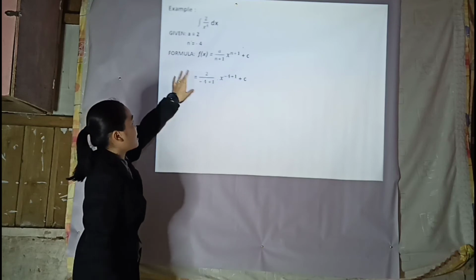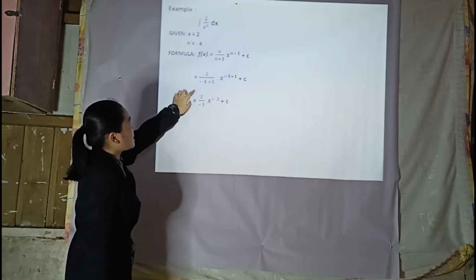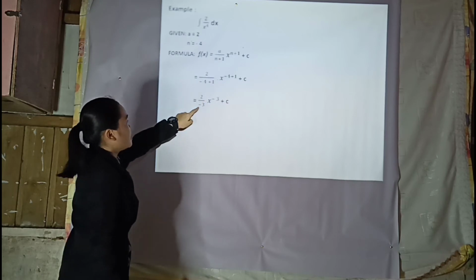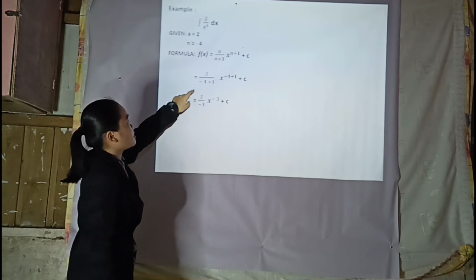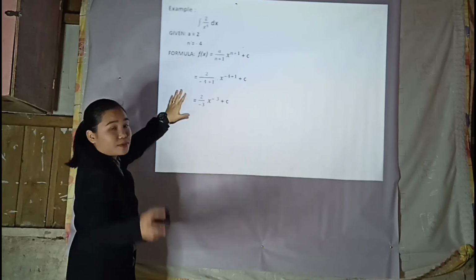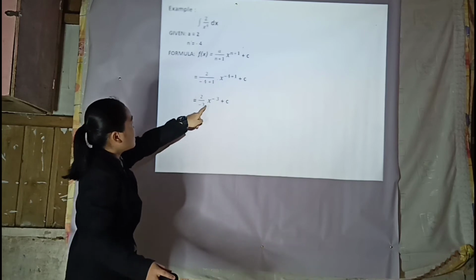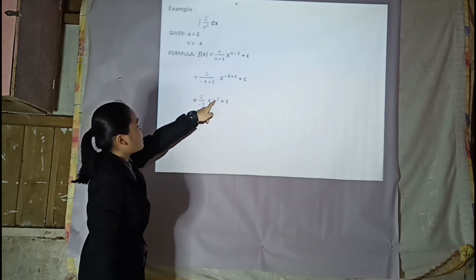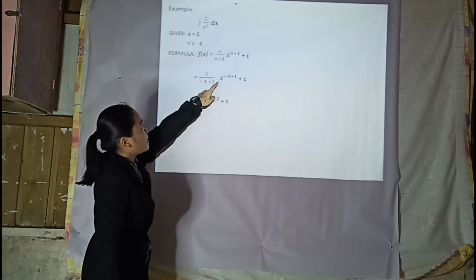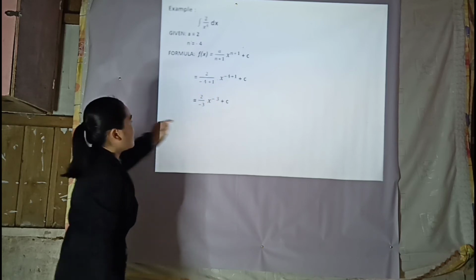So, we will simplify this answer. We have 2 over the sum of negative 4 plus 1, which is equal to negative 3. Since negative 4 is the larger number, we subtract and copy the sign of the bigger number. Times x raised to the power of negative 3, because negative 4 plus 1 is negative 3, plus c.